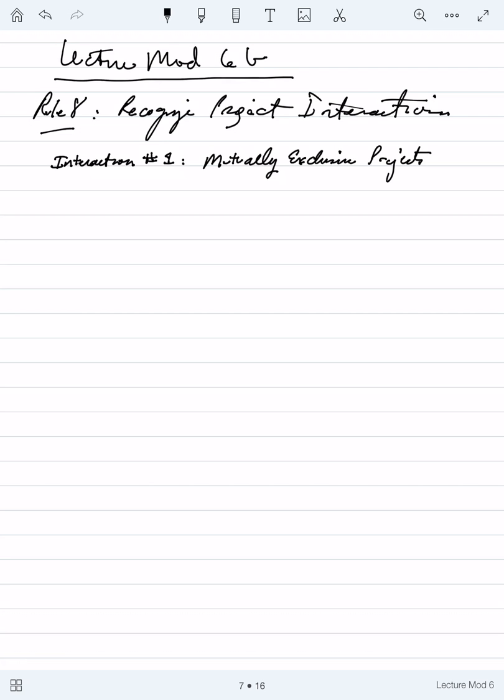So what's going on here now is mutually exclusive projects with different lifespans. So that's the case we're trying to look at now. Let's say you have projects A and B, and they're mutually exclusive. At time period 0, we can invest 10,000.